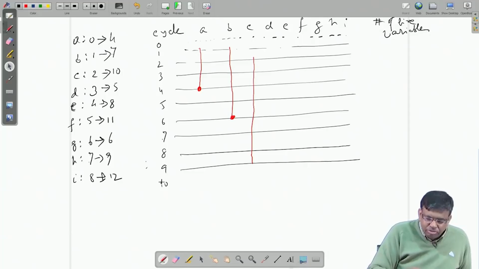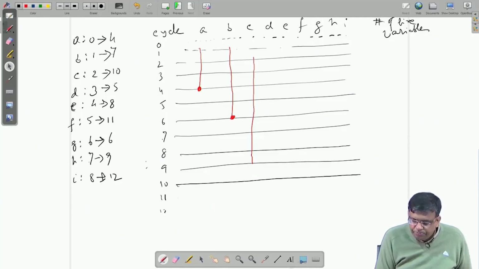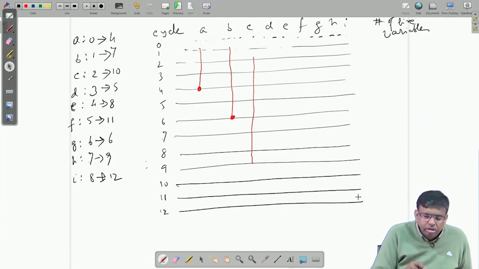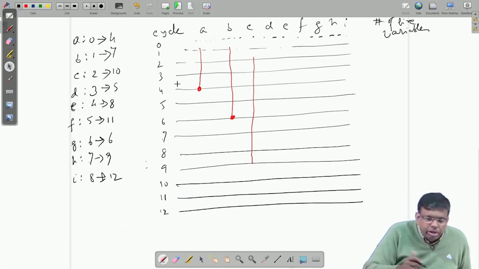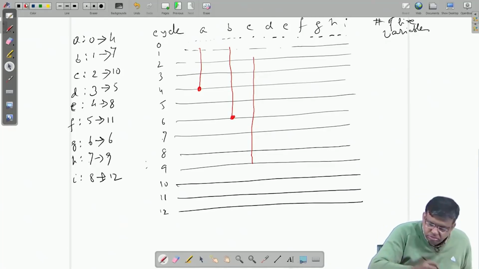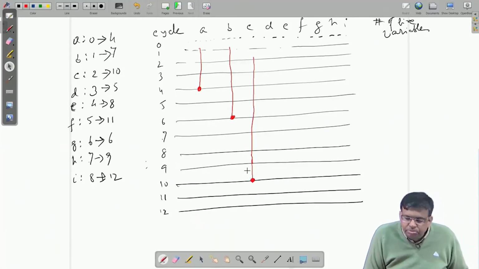Maximum here is 12. So, I need 10, 11, 12. You see this column, 4, 7, 10, maximum is 12. So, I have to go up to cycle 12. Okay. So, I am dealing with C from 2 to 10. So, it goes down up to here. D is from 3 to 5.